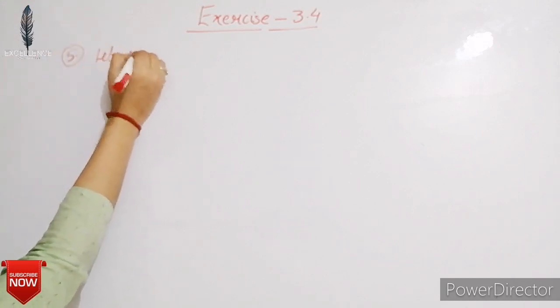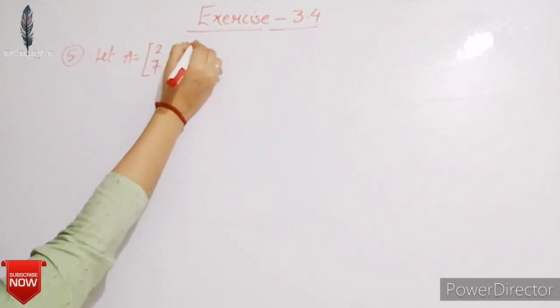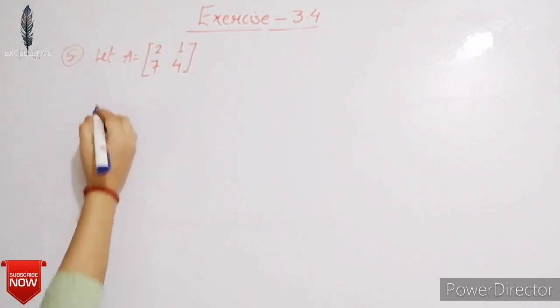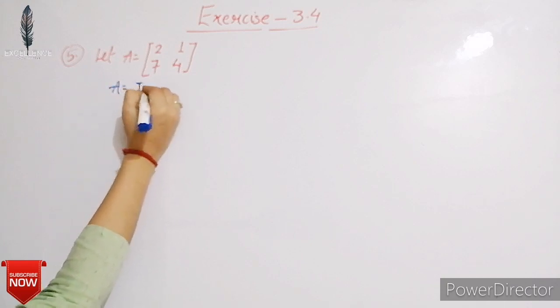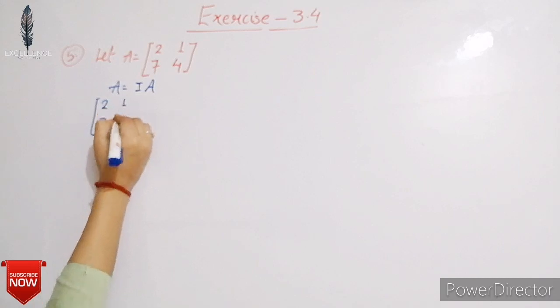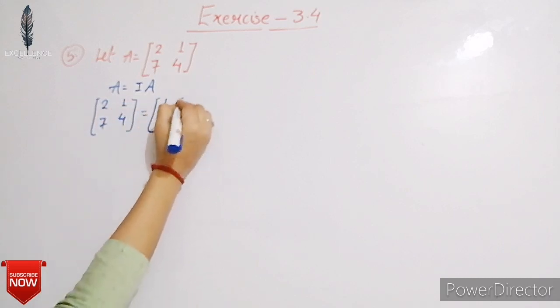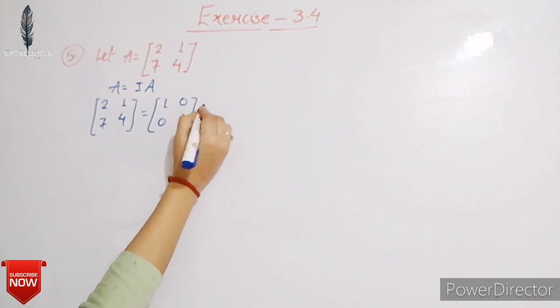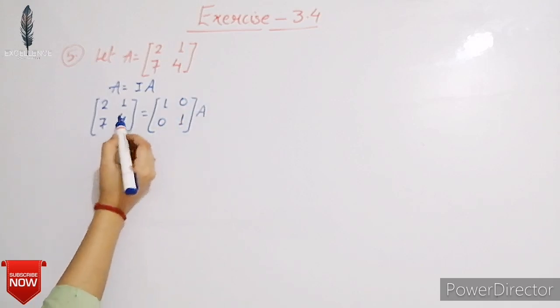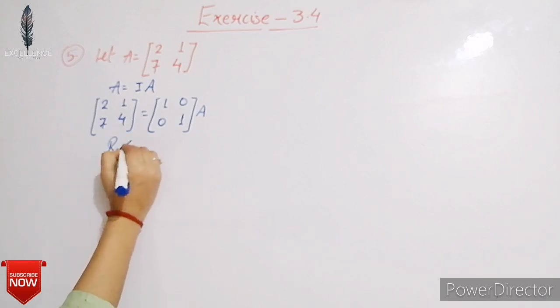Here A equals to 2, 7, 1, 4. So now A equals IA. Put the value of A, that is 2714, is equal to 1001 into A. Now, if we interchange R1 and R2, then we get the diagonal element easily 1.